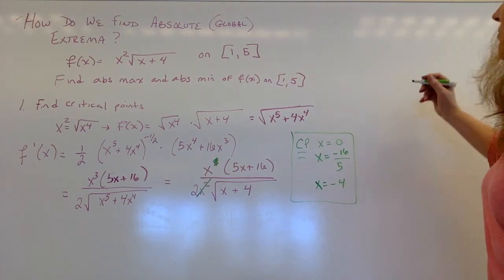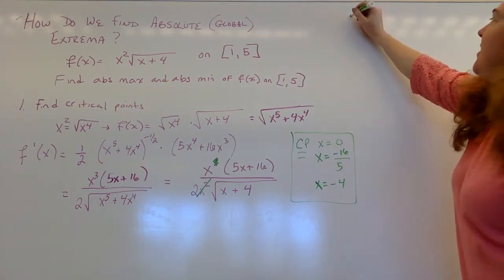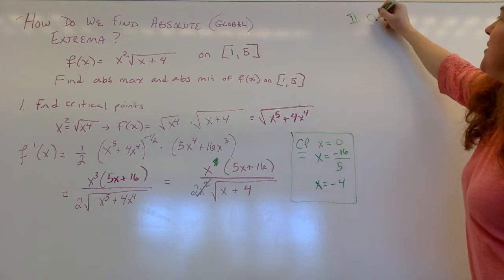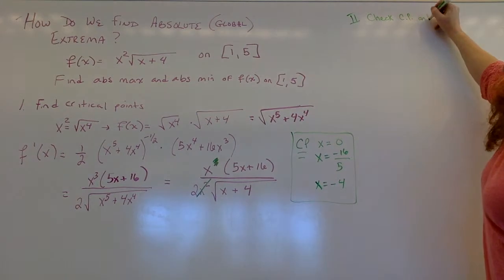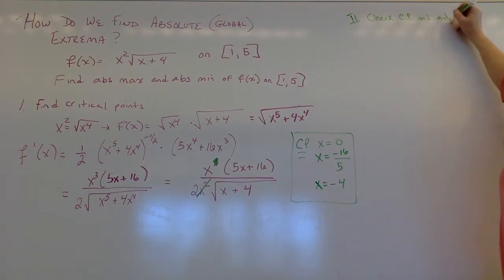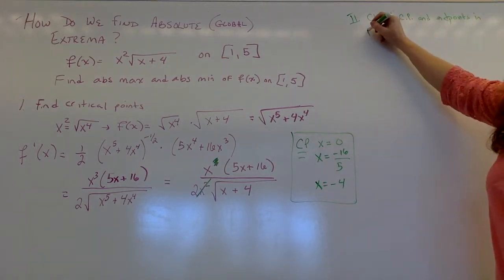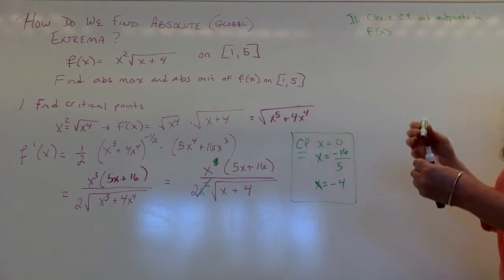Alrighty, so part 2, and I think I can write this here and you can still see it. Part 2 is check your critical points and endpoints in your function. Okay?